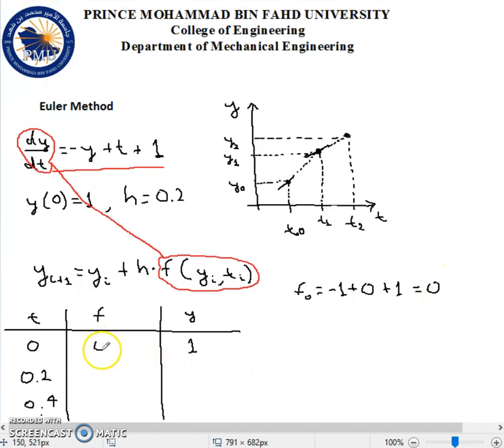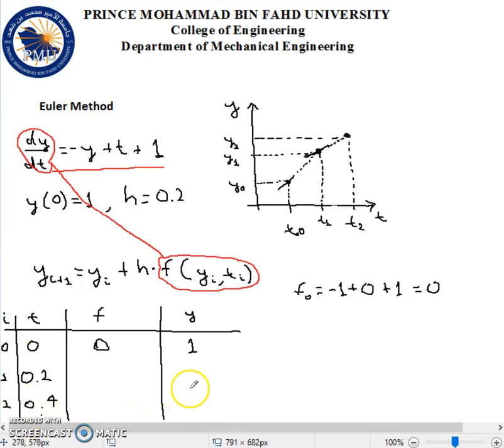So the slope here is 0. It would help us to have the index i here, so this is 0, this is step 1, this is step 2, and so on.